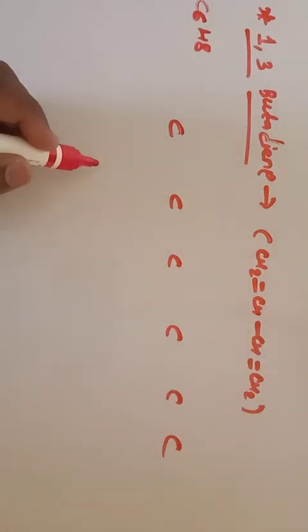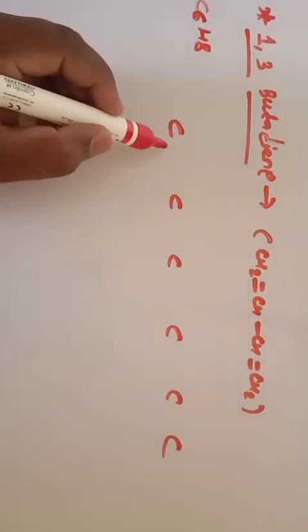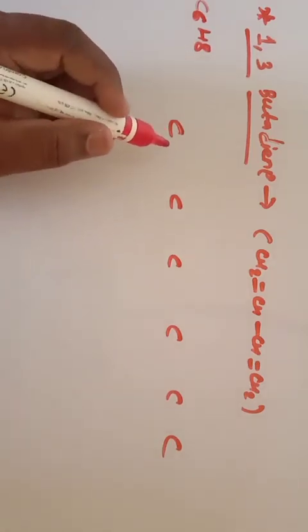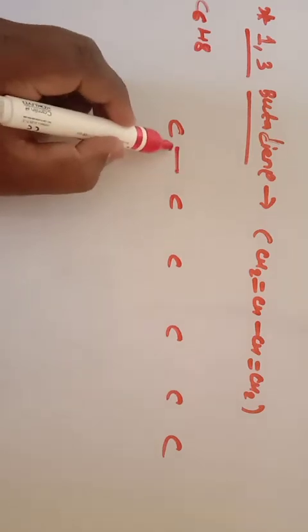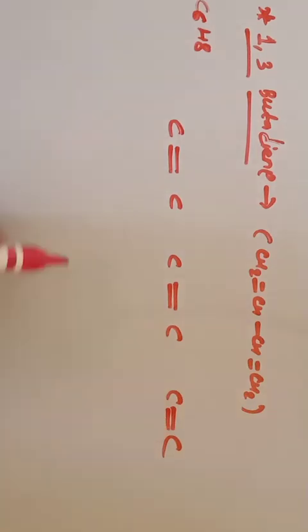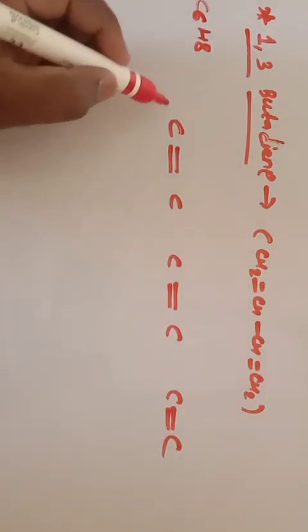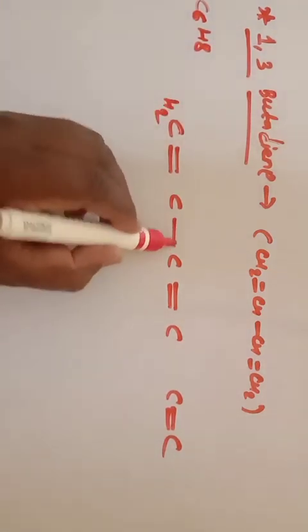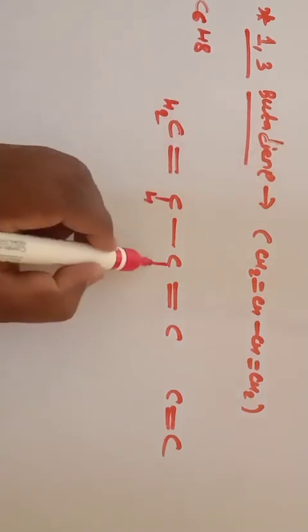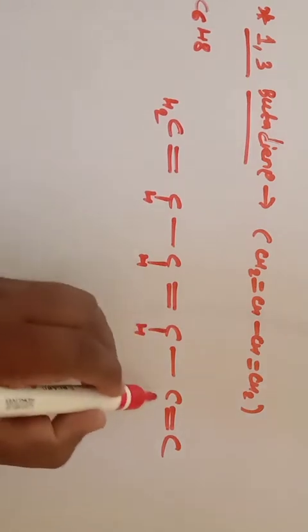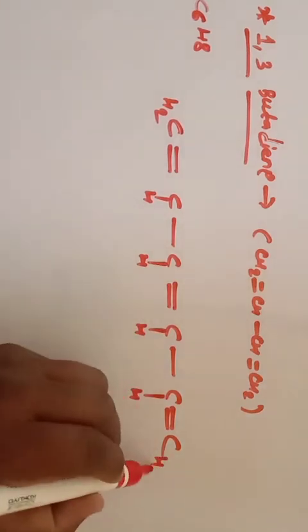So we write the conjugation here, because we consider the pi system. In this case, you have alternating double bond, single bond, double bond. We are very much familiar with this conjugation. Then maintain the valency of the carbon, that is CH2, and then hydrogen is there, again hydrogen, again hydrogen, and this is your CH2.